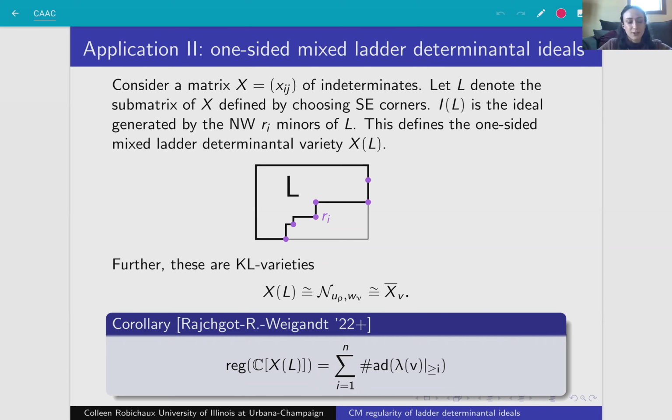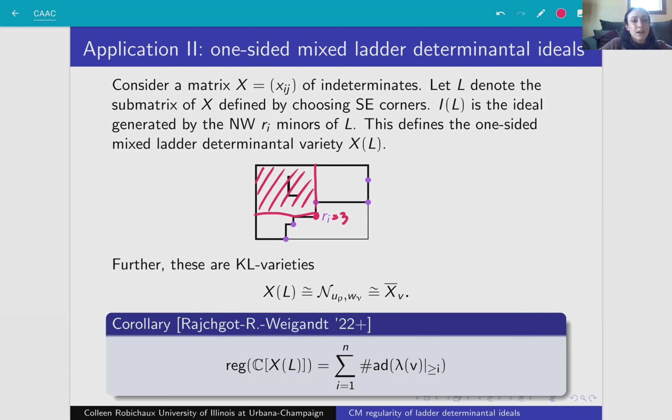What if we take minors of a partition shape of indeterminates? The size of minors that we take is dictated by some marked points on the boundary. So if I marked a 3 there, that would tell me I want to take the 3-minors of that piece of my matrix, and write down your defining ideal that way.